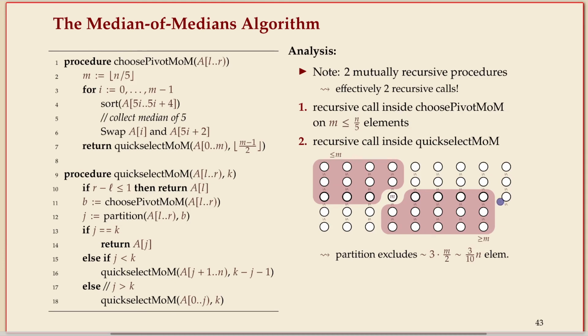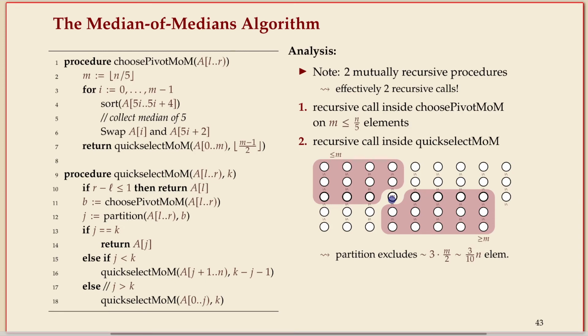Here's the picture I started drawing slightly more nicely. So these are our groups of 5, and there might be one group left over. From all the groups of 5 that are complete, we take this middle element, and from all those middle elements, we select the median. That's why the algorithm is called the median of medians algorithm. So here's our median, and notice that if you have an even number of elements, you have to break ties.